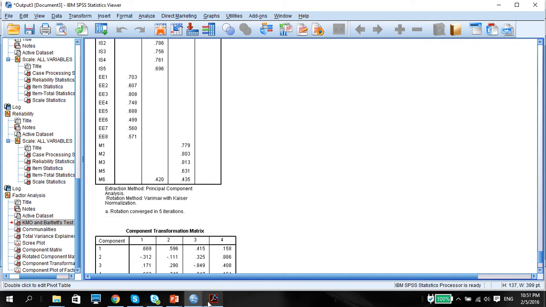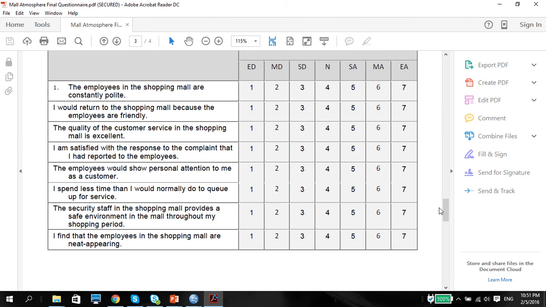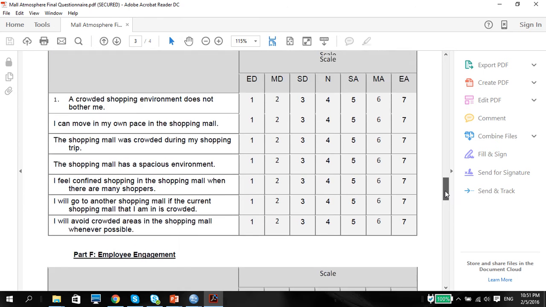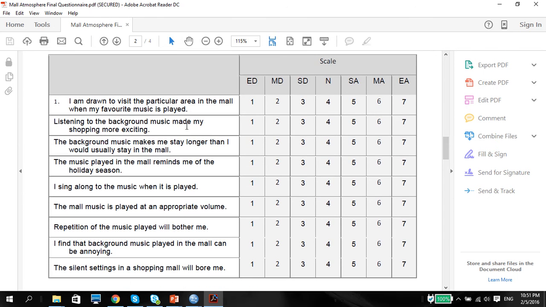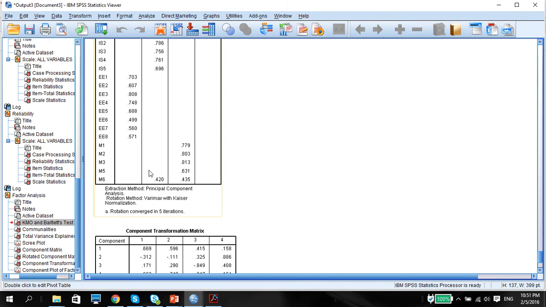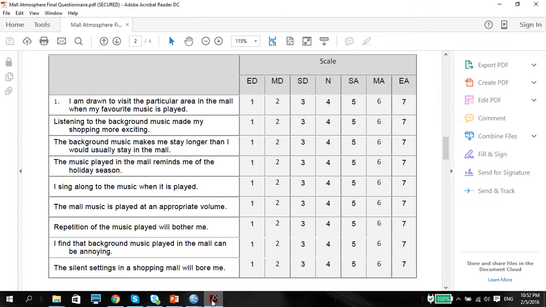So let's look at the questionnaire of M6. There we go. 1, 2, 3, 4, 5, 6. Now, the more music is played at an appropriate volume. So the reason why this is what we call a cross-loading for M6 is because half the respondents feel that this item is asking about the music, whereas half of the respondents are saying that this item is asking about the ambience.